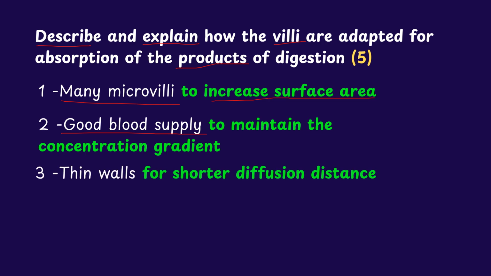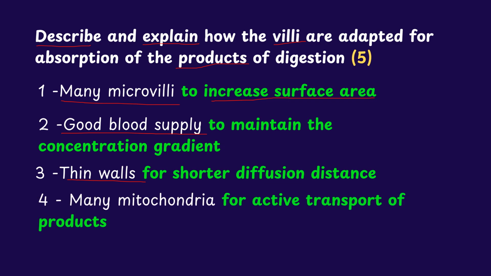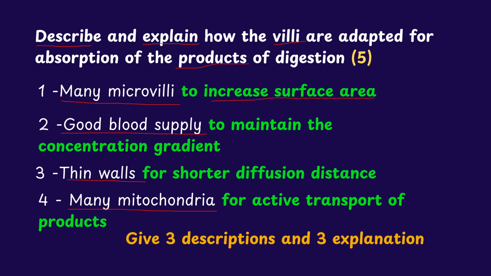Number 3, thin walls. That's the description. For shorter diffusion distance, that's the explanation. And number 4, many mitochondria for active transport of products. All right, so this is a 5-marker, students, and so providing 3 descriptions and 3 explanations would give you your 5 marks.